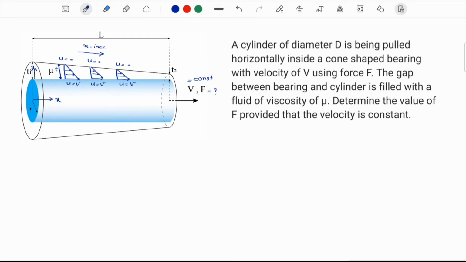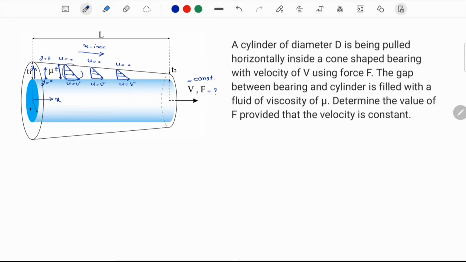So our tau is not constant over the cylinder's surface. Our velocity profile is not only a function of y, it changes with y. When we go from y equals 0 to y equals t, the velocity profile changes linearly.